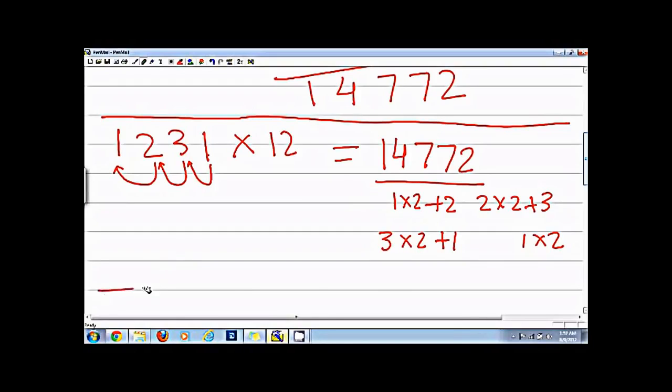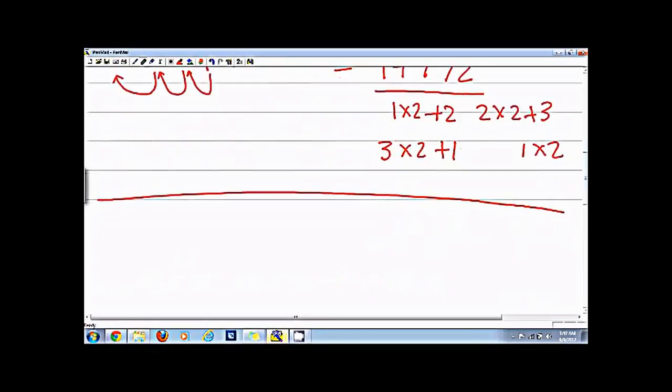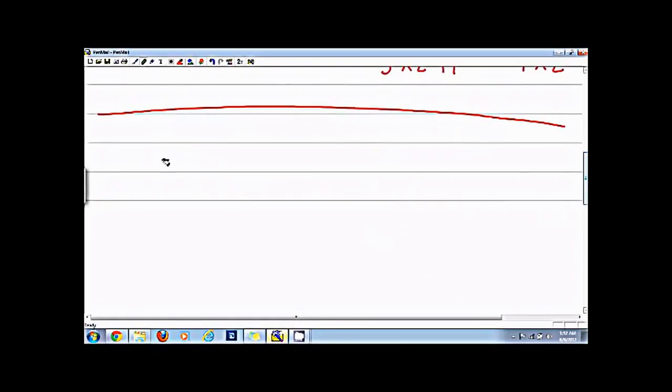So let's take another example. If I have to multiply 1, 2, 1, 2 by 12, let's do it again. First I will write 2 and 1.